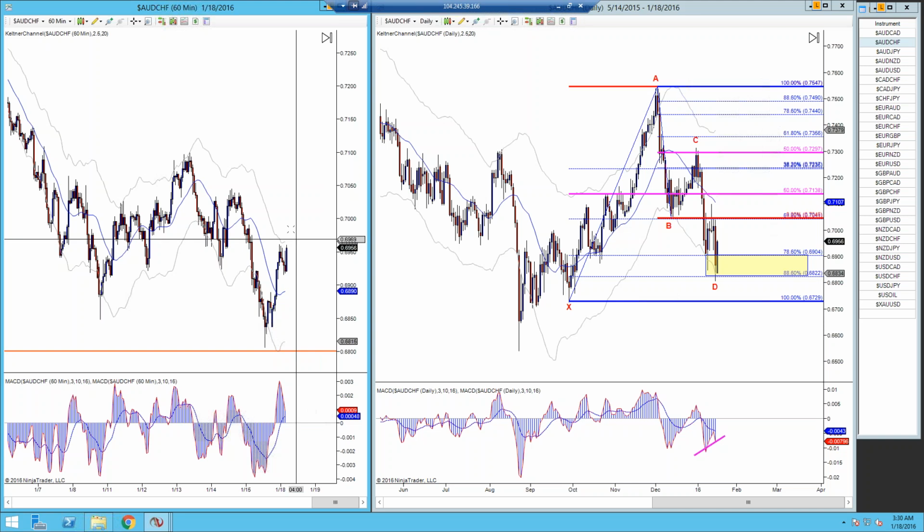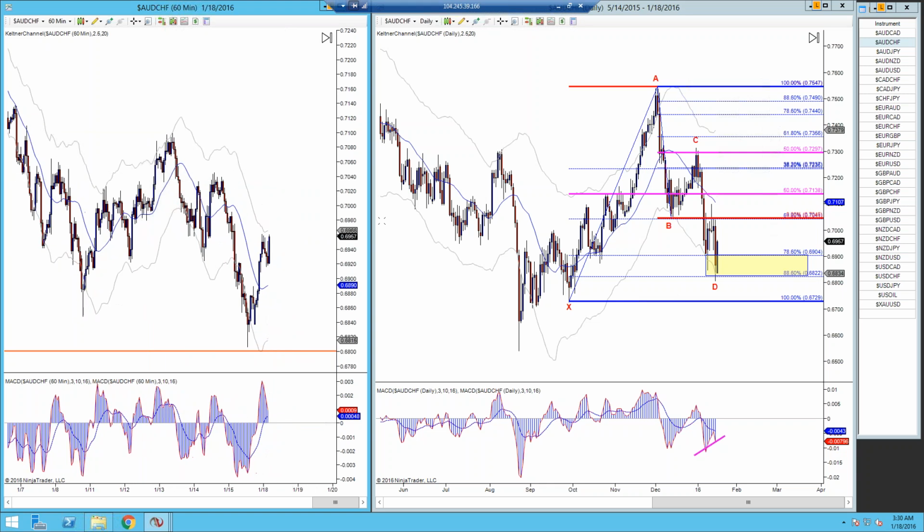You have risk to about 6,800. And I'm looking for this to impulse higher because you're looking down here. See this down here? This is all support on the AUDCHF. Came in right at the 886, held back above the 786. This market wants to go higher.